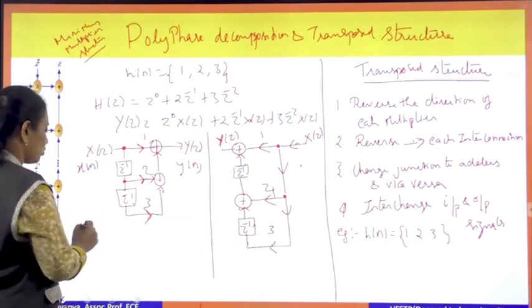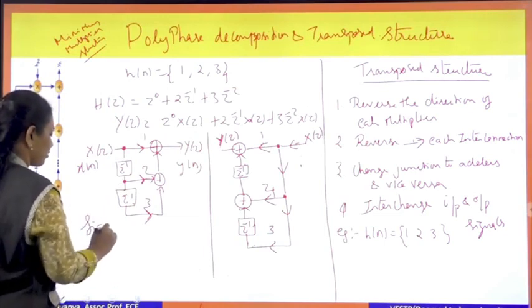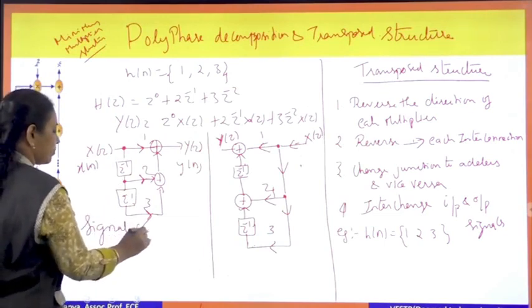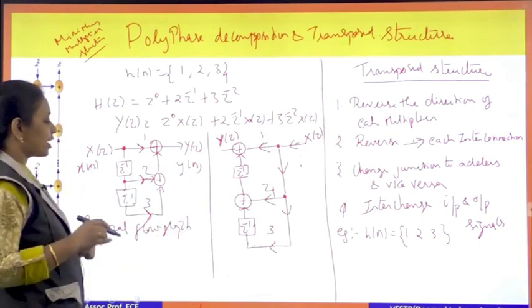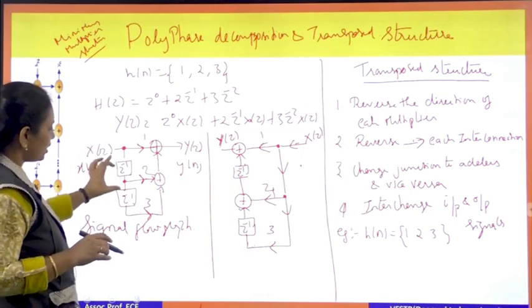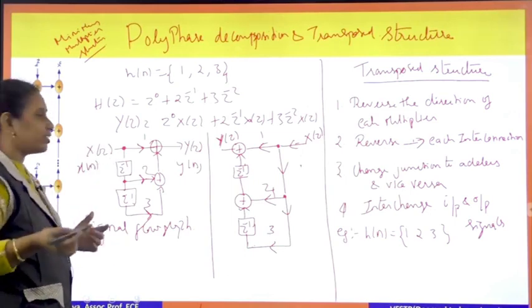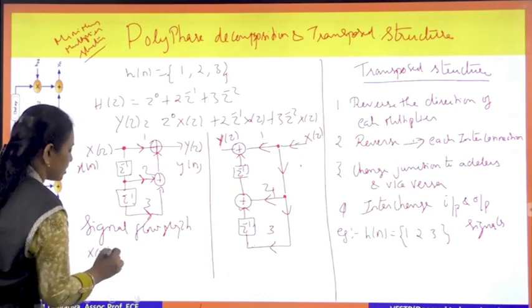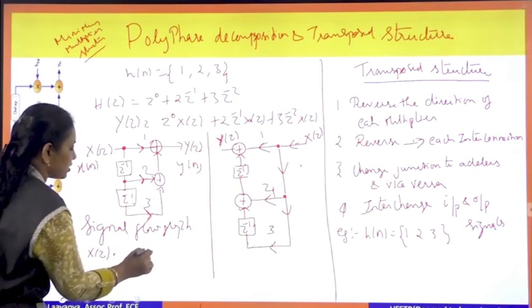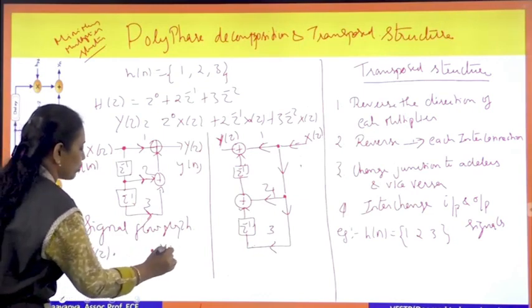Another one they will call, what is this? Signal flow graph. What is signal flow graph is, instead of putting these straight lines, you can have curved lines. See here, I can write X of z. This is my output node Y of z.